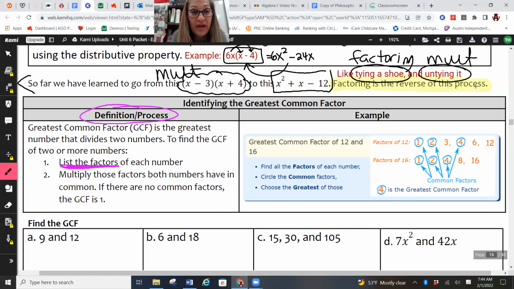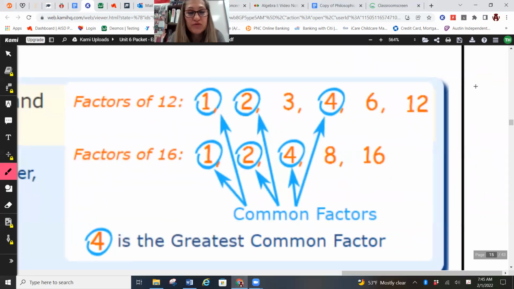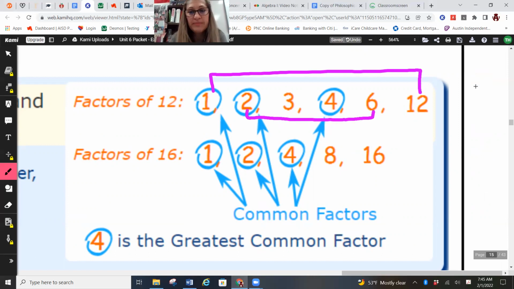So let's take a look at what that means. The greatest common factor of 12 and 16. The 3 bullet points say: find the factors of each number, circle the common factors, and choose the greatest of those common factors. So take a look. The factors of 12 are 1 times 12 is 12, 2 times 6 is 12, 3 times 4 is 12.